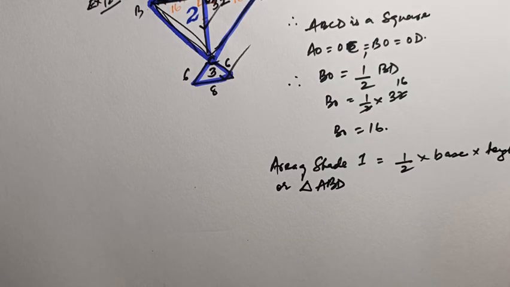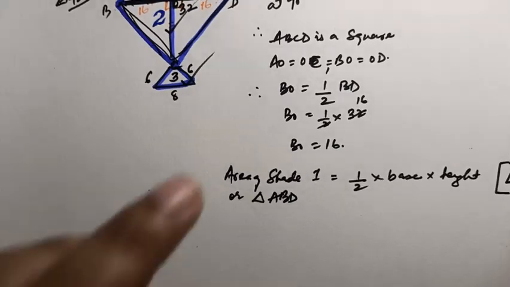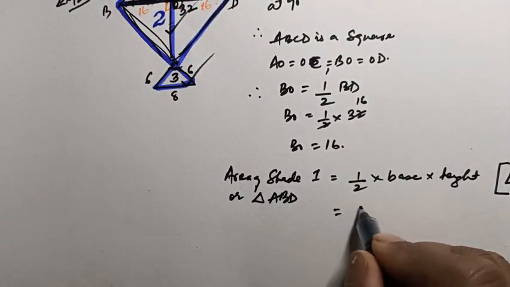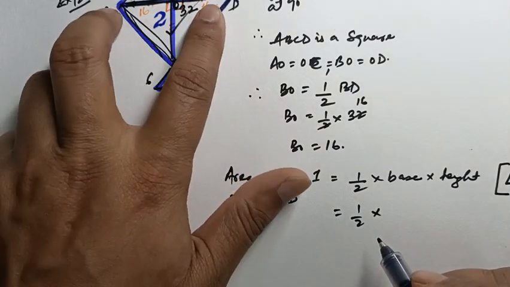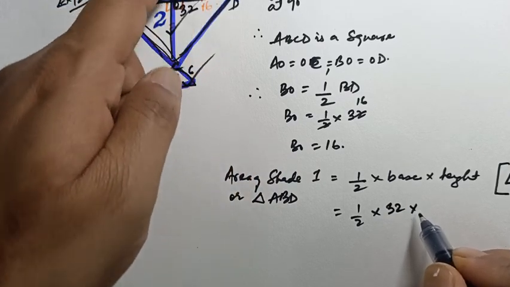Why? Because I'm using it as a right angle triangle, because angle AOB is equal to 90 degrees. Just now I told you that the diagonals of a square bisect each other at 90 degrees. So half into base. The base over here is BD, and BD is 32, into your height.